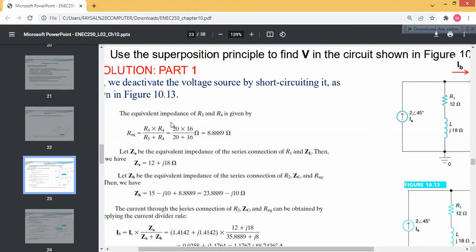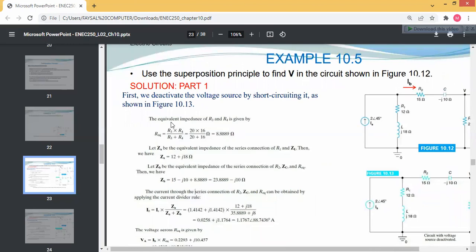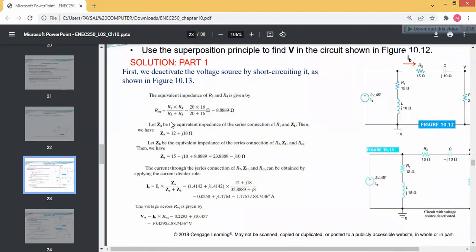The value of R3 is 20 and R4 is 16. So after computing, I find that the R equivalent value equals 8.8889.